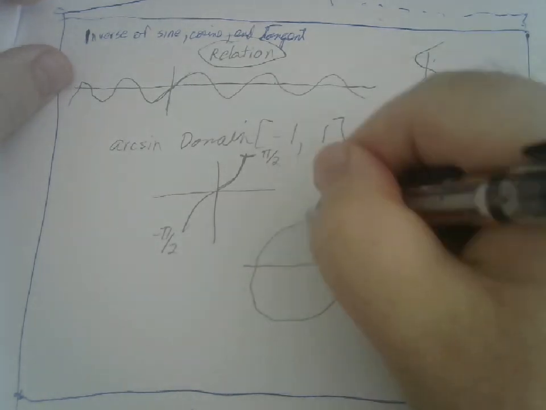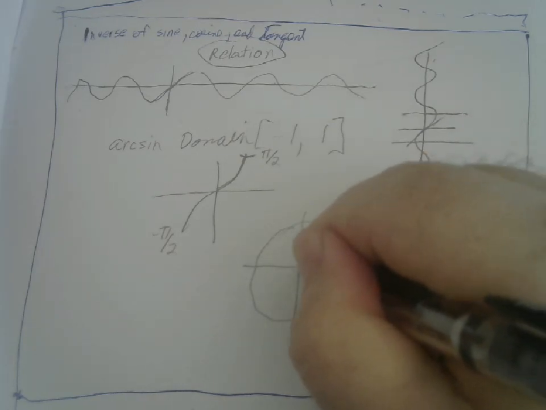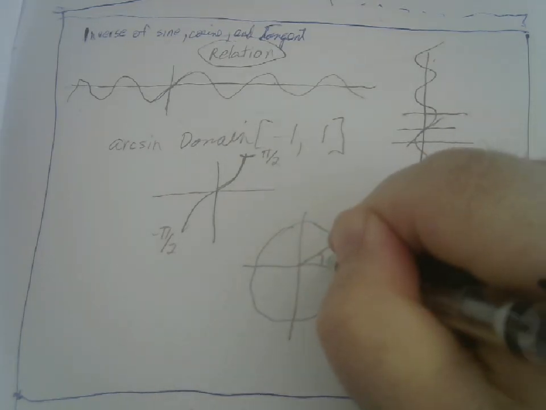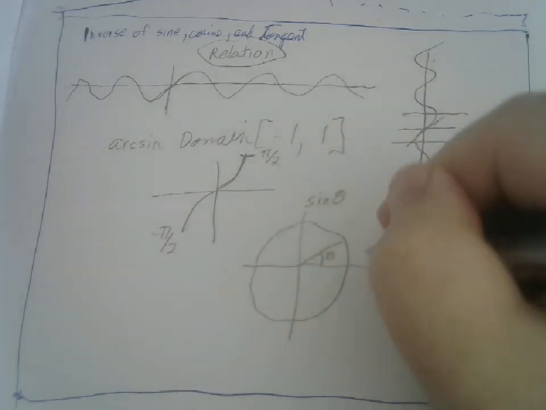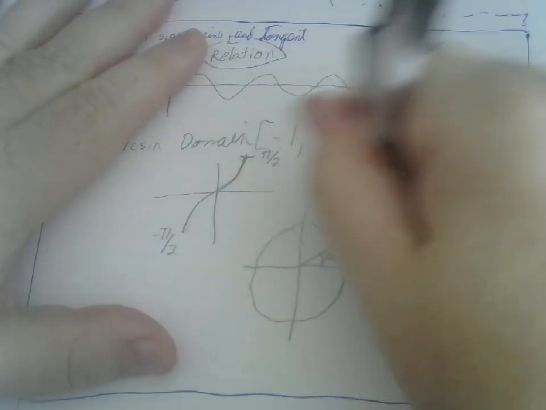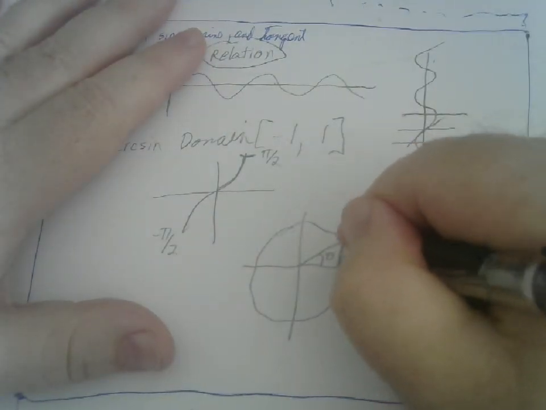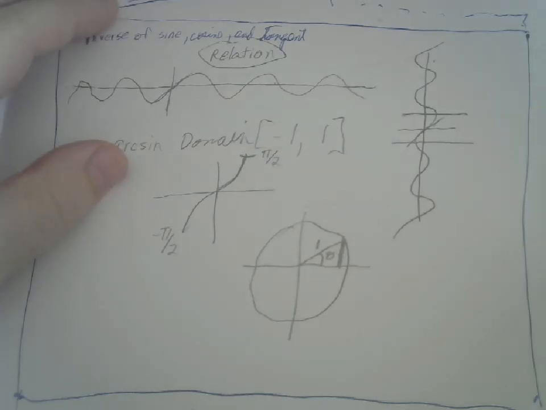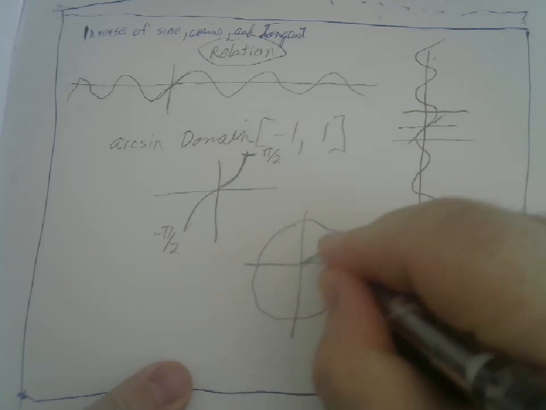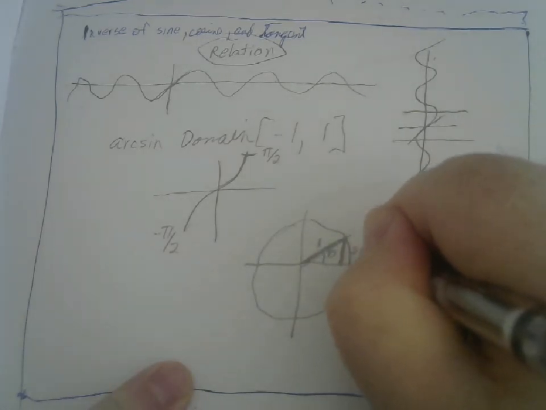Let's look at a circle for a second. The sine function is actually, if you put theta in here, sine theta, well, let me put sine theta over here. This length here, if this is 1, this length here is 1, then this is sine of theta.